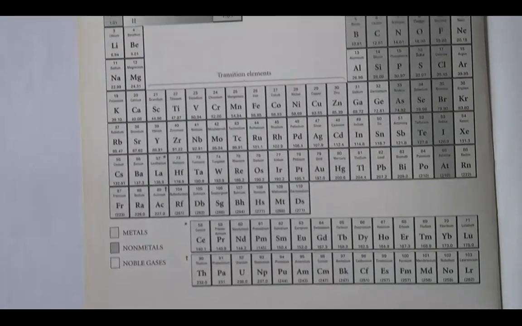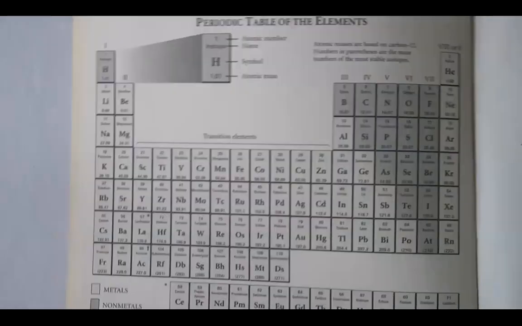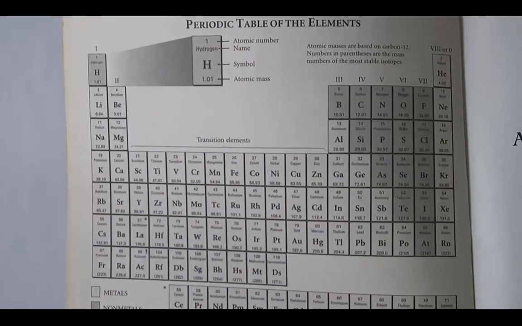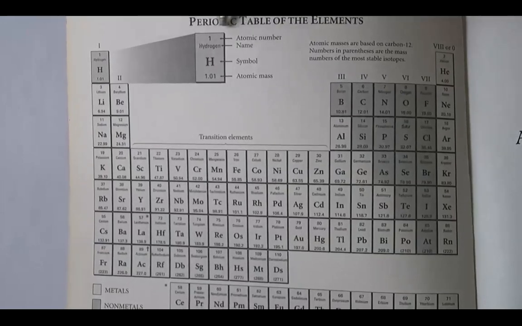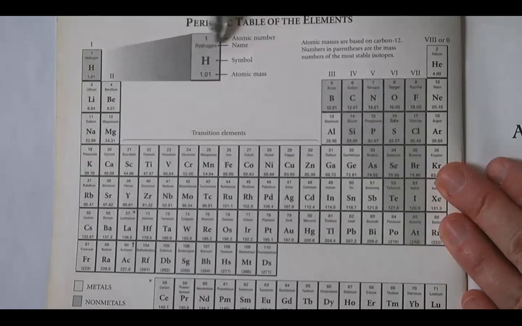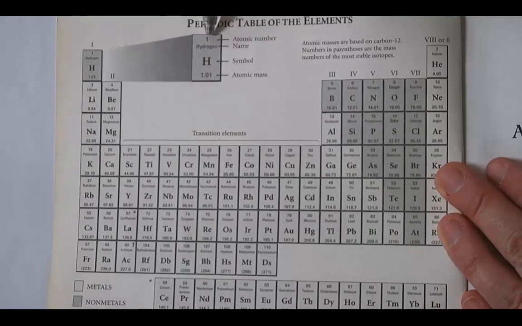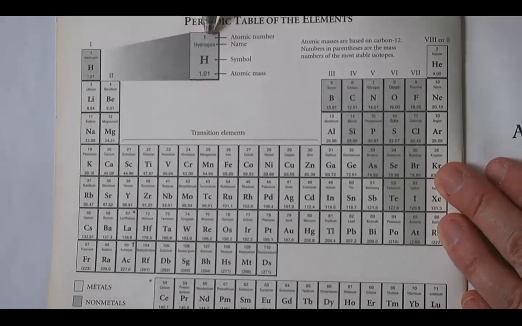So here's your little periodic table. We can see they show one right here, where you can see atomic number is right here. So hydrogen, they give you the name, the chemical symbol, and then this number right here, that's your atomic number. That tells you how many protons you have.